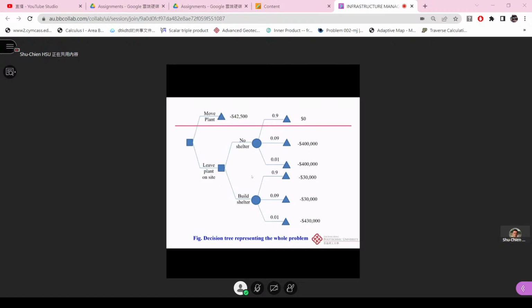And then another link goes to another decision node: if we decide to leave the plant on the site, then we can make a further decision, whether we're going to build a shelter or no shelter.